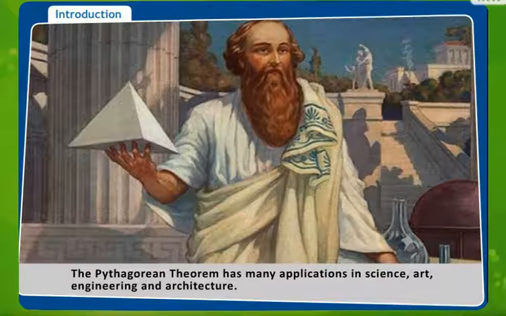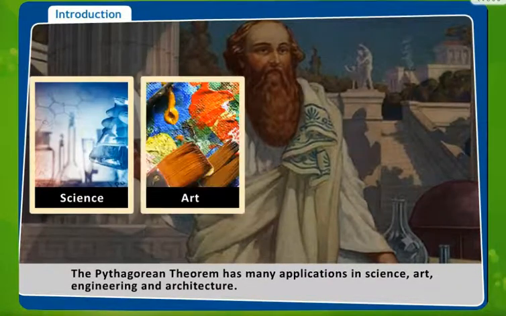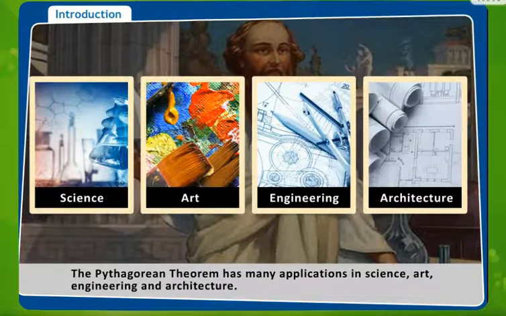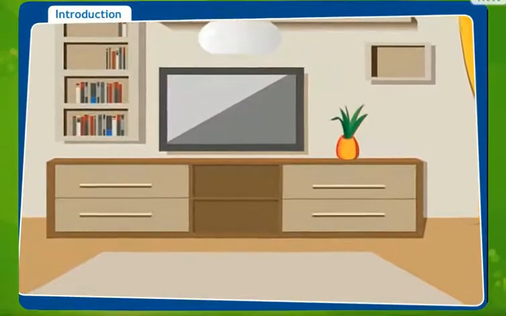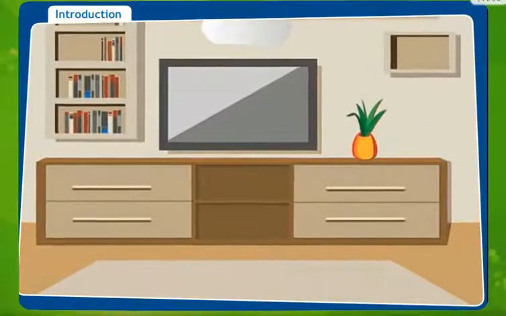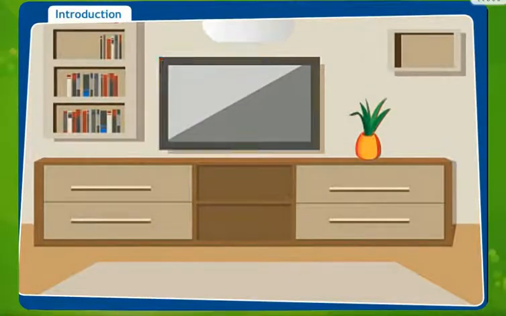Based on the hypotenuse and right angle, we have the application of the Pythagoras theorem, which is used in science, art, engineering and architecture. Basically, what Pythagoras theorem is, we will understand that later, but first we'll understand the concept of a right angled triangle.